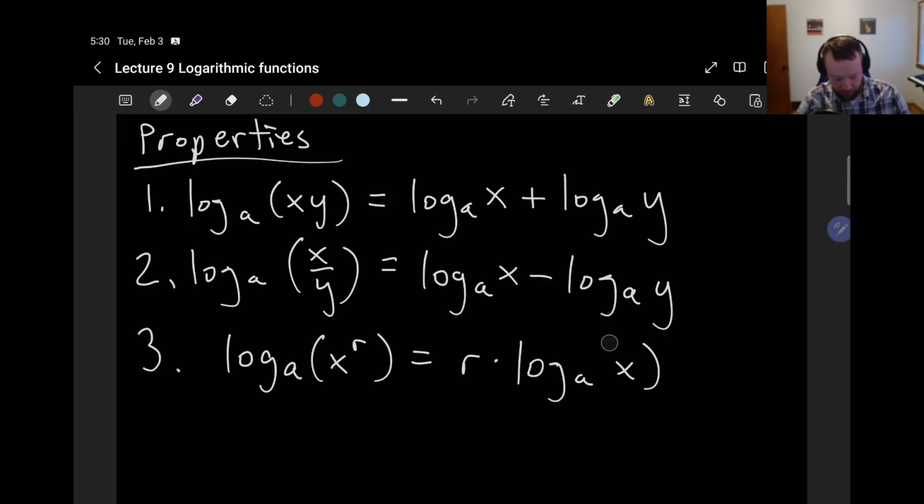Again, I don't have to write these parentheses anymore. So the r is now out front times the log. No more exponents are involved. So that is very nice for getting rid of exponents.